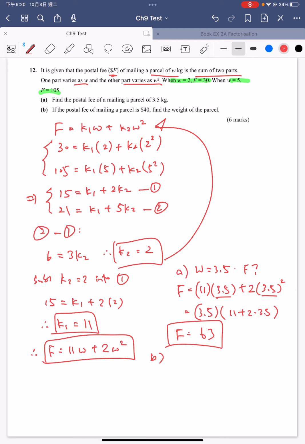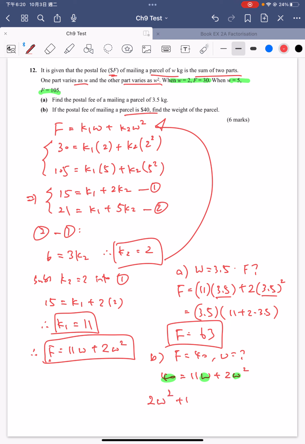And for question B, we have that if the fee is equal to 40, then F is equal to 40. What's the value of W? So now we can substitute F to become 40. 40 equals 11W plus 2W squared. Again, this is actually a quadratic because we've got a W squared, we've got a W, we've got a constant. We move all the things to the same side.